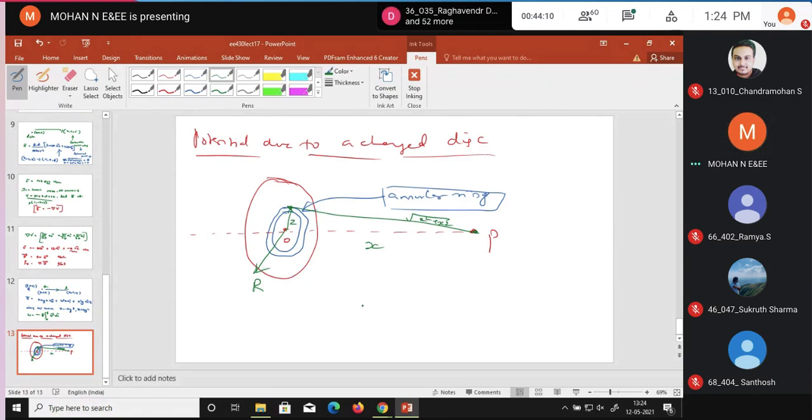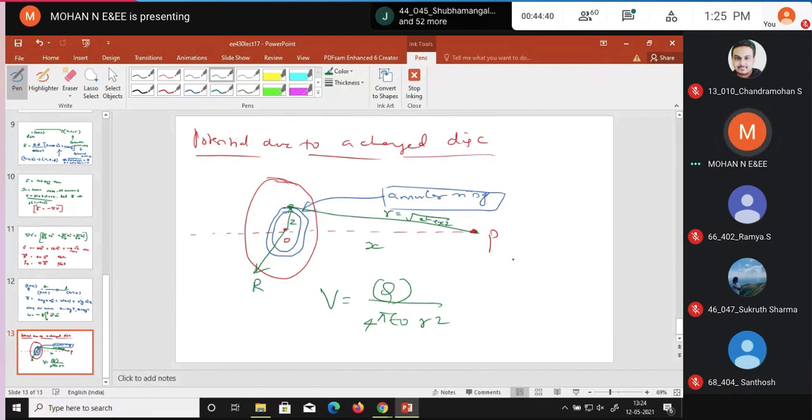Okay. So we got the equation: V is equal to Q by 4 pi epsilon naught r square. So this is Q, and r is the distance from this point to this point, that is square root of z square plus x square.